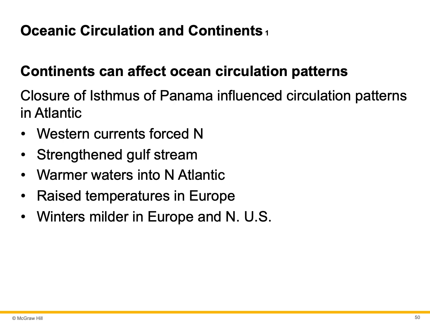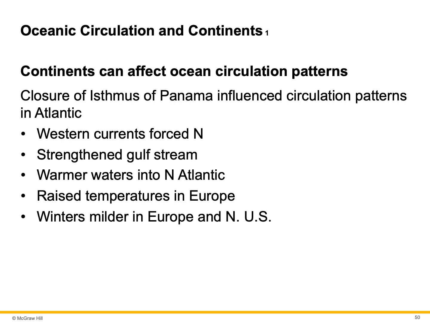Continents can affect ocean circulation patterns. The closure of the Isthmus of Panama influenced circulation patterns in the Atlantic. The western currents were forced north, and it strengthened the Gulf Stream, bringing warmer waters into the North Atlantic.